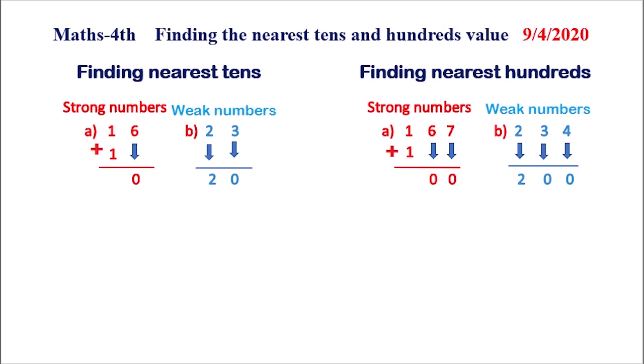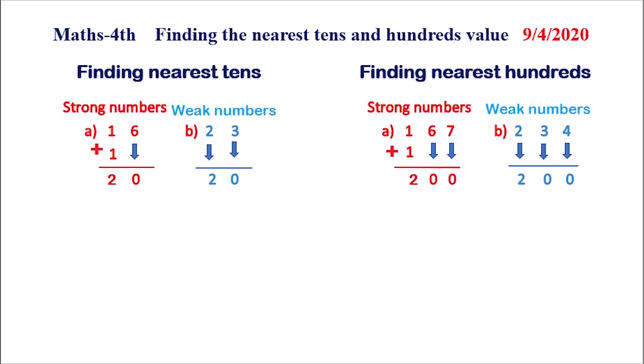After these steps, let's go to the last step. Now check the tens number in finding hundreds. If you have a strong number, add one digit in the hundreds place number. So you will get the nearest hundred of that particular number.